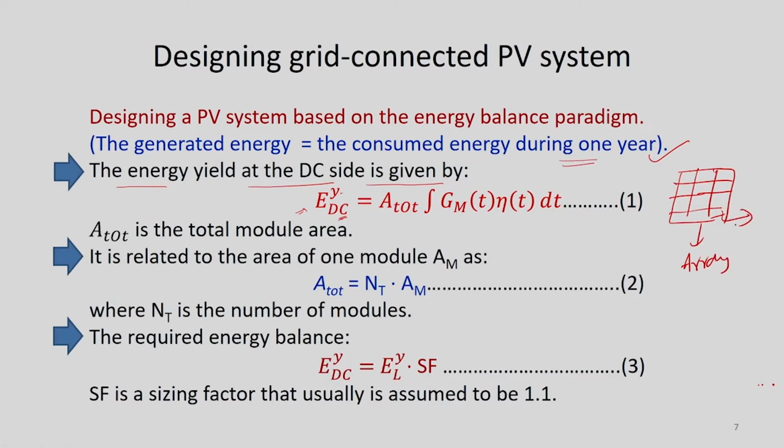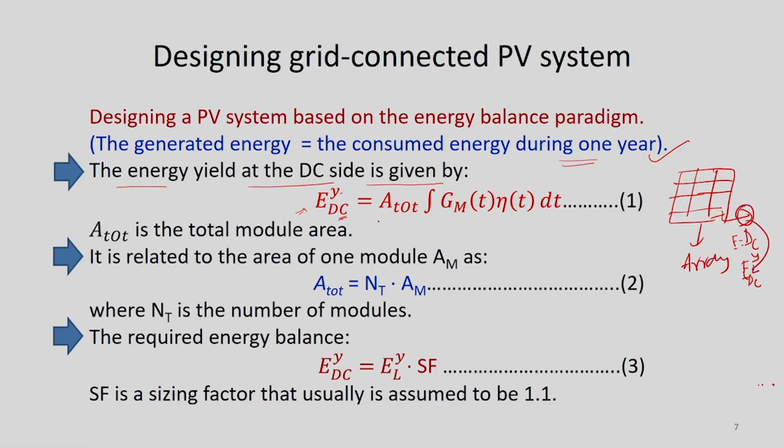So, the output of this array is DC. Okay. So, this is DC energy, E DC, okay. Since it is yearly, we will write Y. This energy we are talking about is E DC Y.